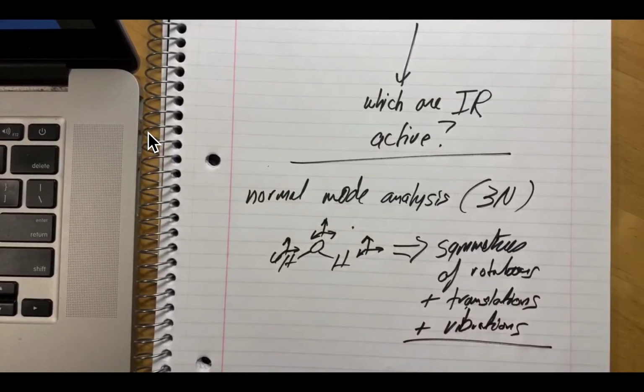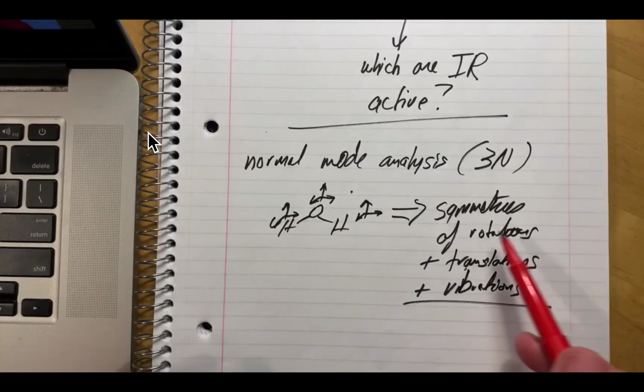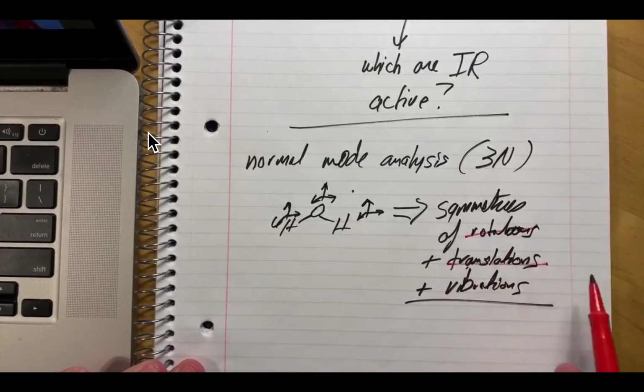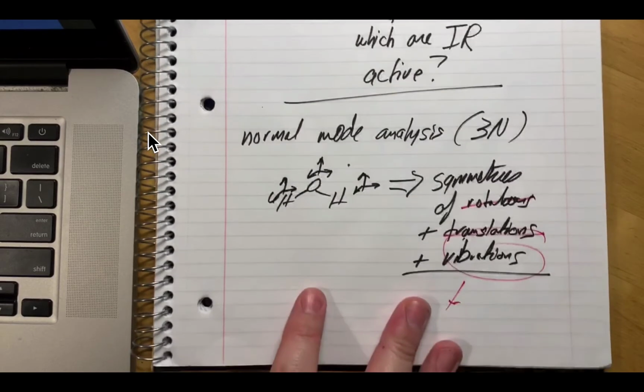We'll go to a character table, and the character table will allow us to, out of this total, remove the rotations, remove the translations, and we're left with the symmetries of the vibrations. So this is the overall plan for what we do. Figure out how many total vibrations the molecule has, figure out the symmetries of all of its normal modes, including rotations and translations, subtract out the rotations and translations, and we're left with the symmetries of the vibrations.